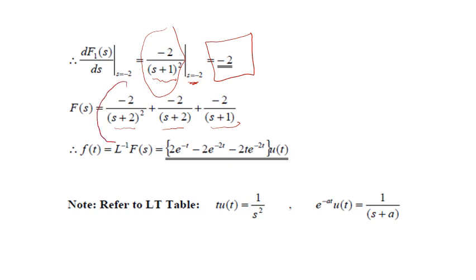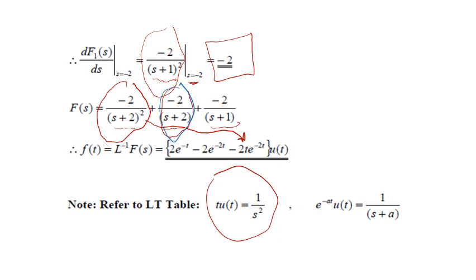So minus 2 over (s+2)^2, which in Laplace, when I convert it to time domain, is going to give this value, following this rule. And minus 2 over (s+2) is similar to what was explained earlier in case number 1.